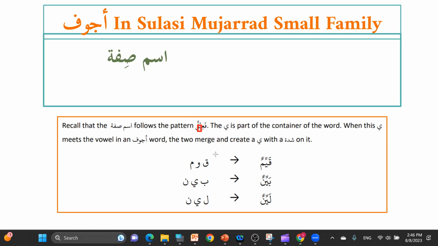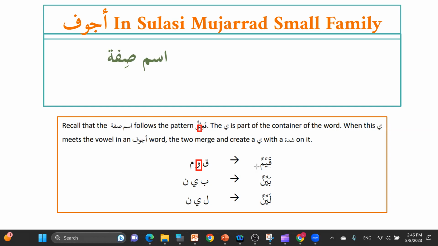So in qawama, this waw is replaced with ya. So fa'ilun becomes qayyimun, because now there are two ya, one from the waw and one from the pattern. When two ya are there, they merge, and we put a shadda on it.